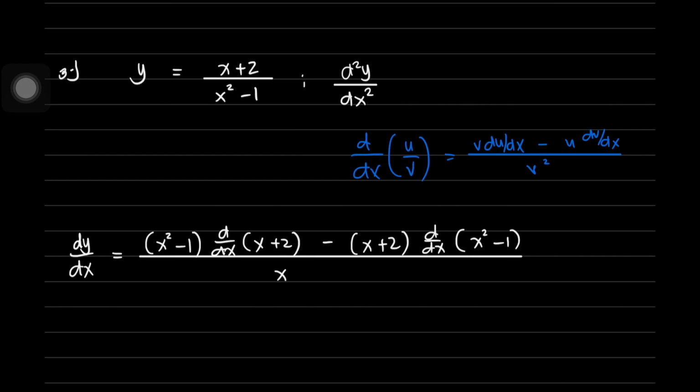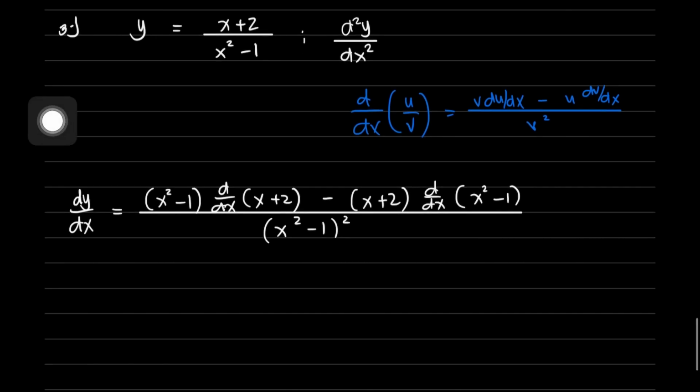So that is x squared minus 1 quantity raised to the second power. Okay? So we have v, which is x squared minus 1, du, the derivative of x plus 2, and then x plus 2, the derivative of v over x, all over v squared.